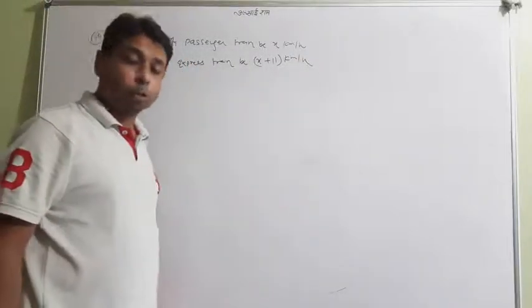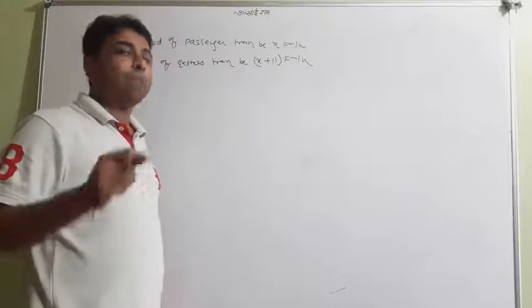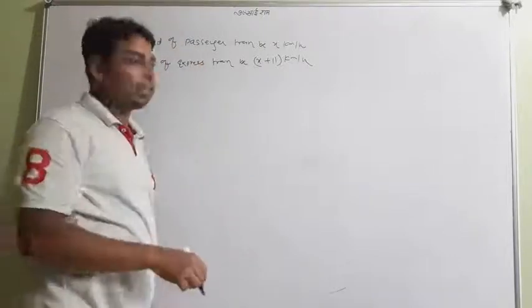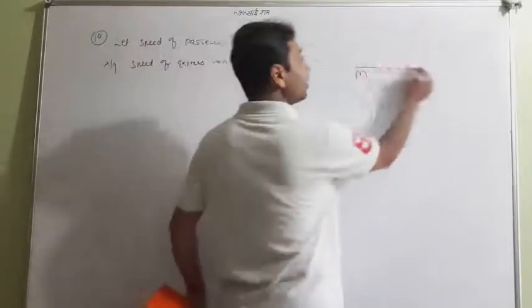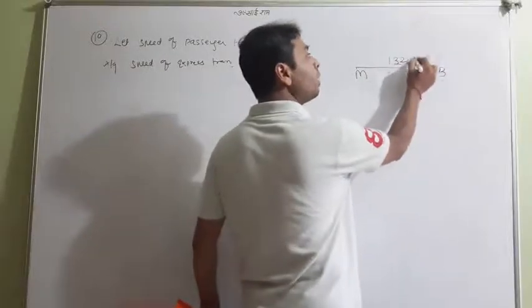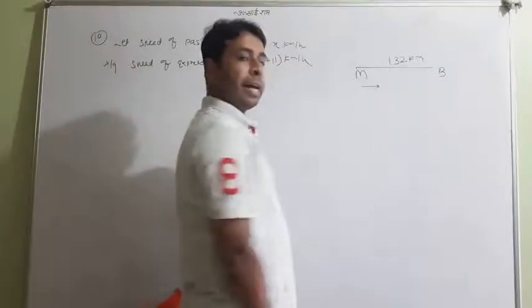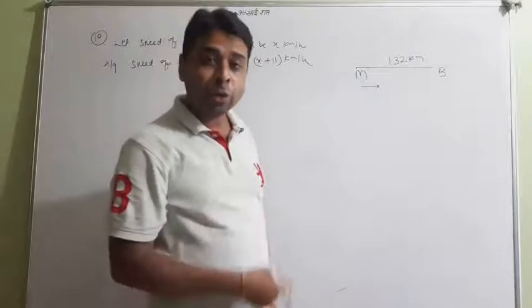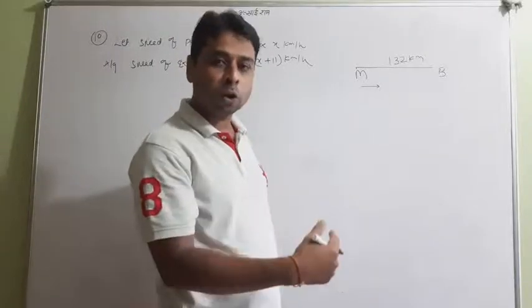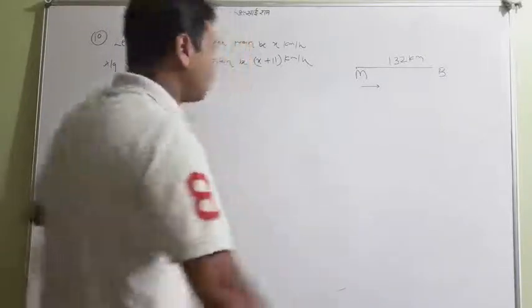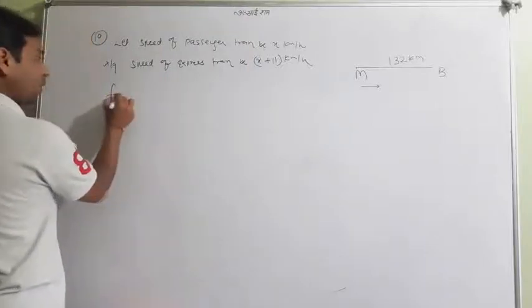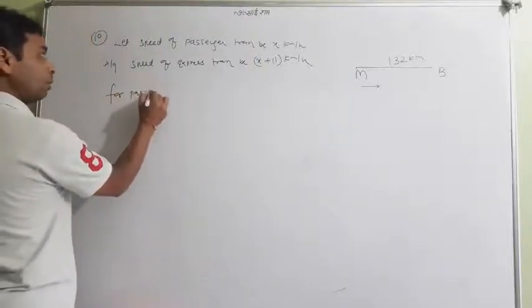So we have got both the speeds. Now I'll first talk about the passenger train, from Mysore to Bangalore, it is 132 kilometer. So first I'll find what time it will take when the passenger train goes from Mysore to Bangalore.